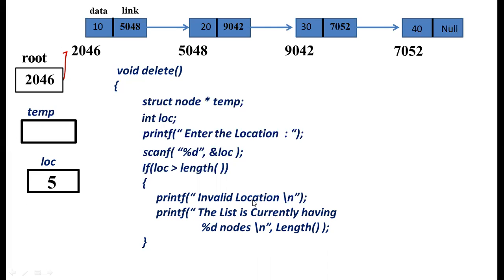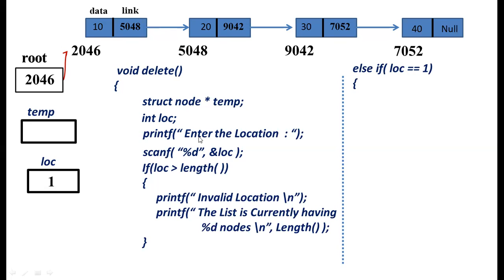Else, imagine that the location we are considering is 1, so the user wants to delete the first node from the single linked list. We can delete it by using the temporary variable.